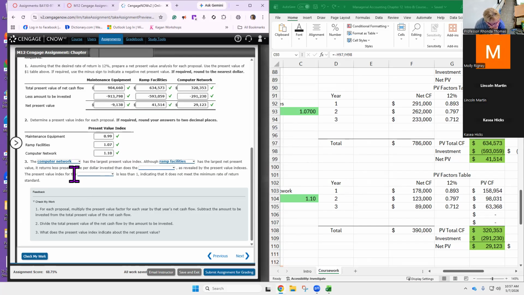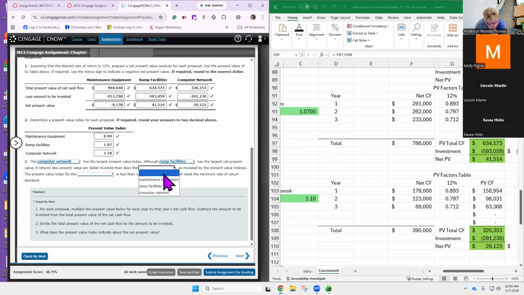By the way, that's the index, even though they're calling it different by name. That should say it returns less of an index. Present value index. They're calling that present value per dollar. So once again, it makes me mad that they're not following their language.